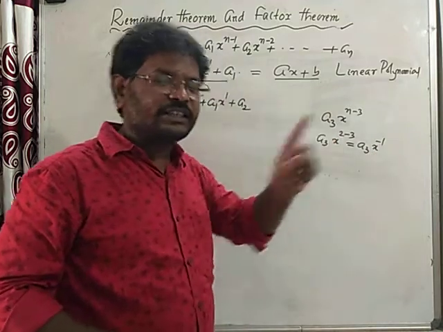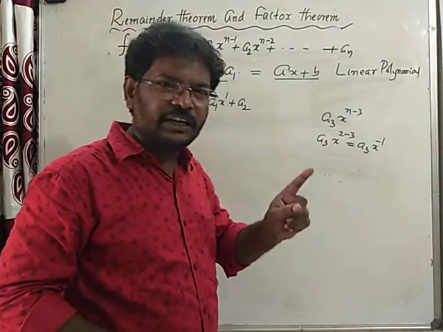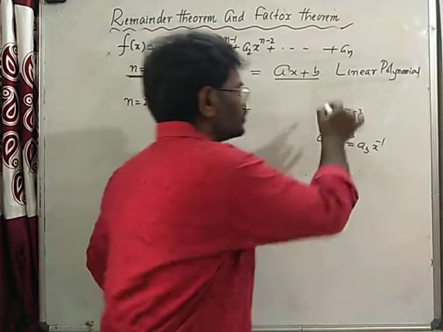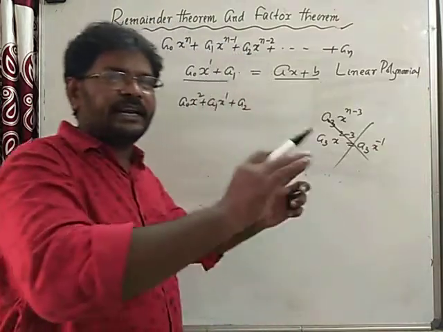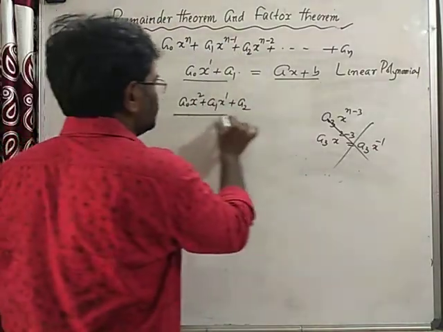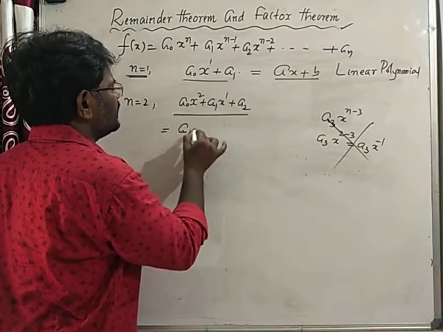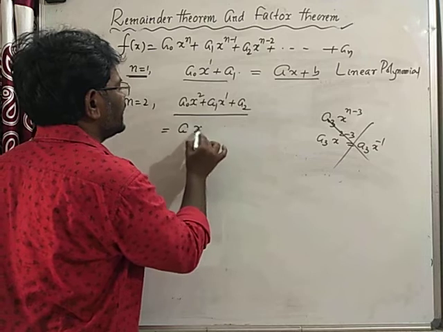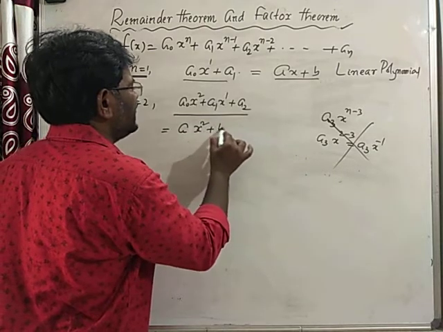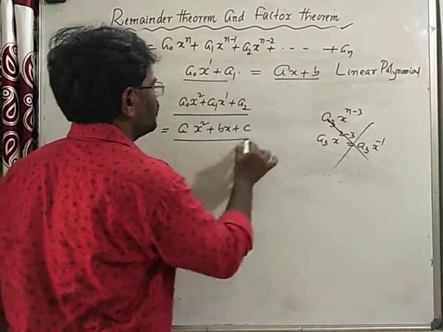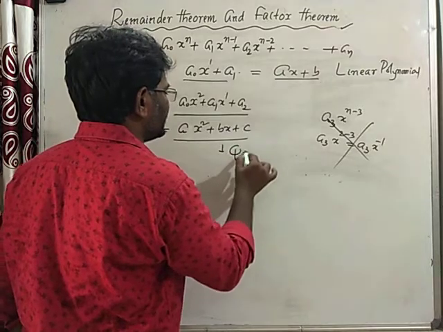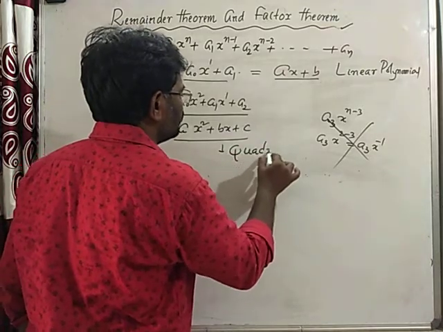Our definition says n should be a non-negative integer. So from that we neglect all the other terms. Up to here only we have to consider. For our convenience I am writing ax square plus bx plus c form. So this is called quadratic polynomial.